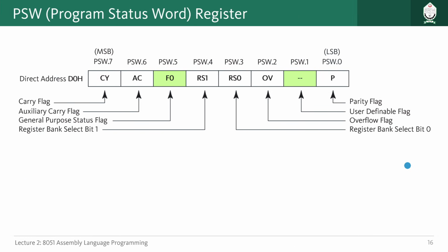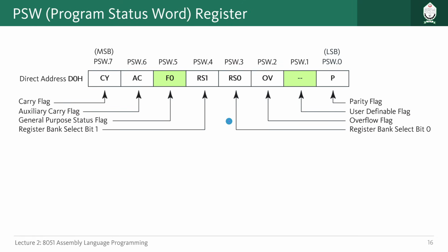Now these are the 4 flags we talked about, which are conditional flags. Based on the condition of register A, these flags can be raised or cleared. But we have these 2 particular bits in PSW which are not reserved for anything, so these are just user defined bits.